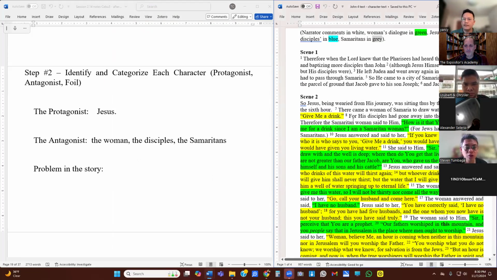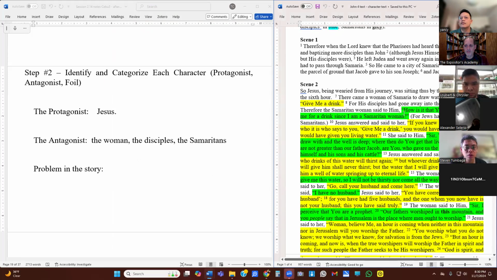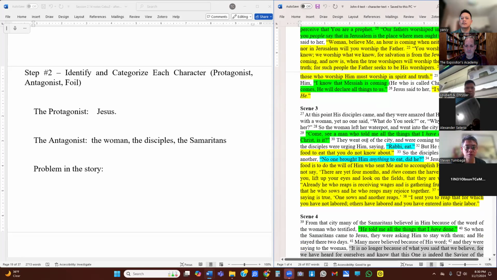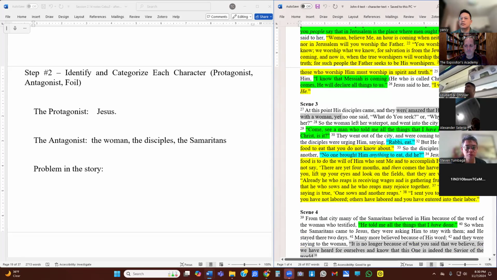But the problem in the story, notice the woman asks, 'How can you, a Jew, ask for a drink? I'm a Samaritan woman. Jews have no dealings with Samaritans.' And then down in verse 27, the disciples came and were amazed. He was speaking with a woman, and in this context, the Samaritan woman. But nobody asked him, 'Why do you speak to her?'